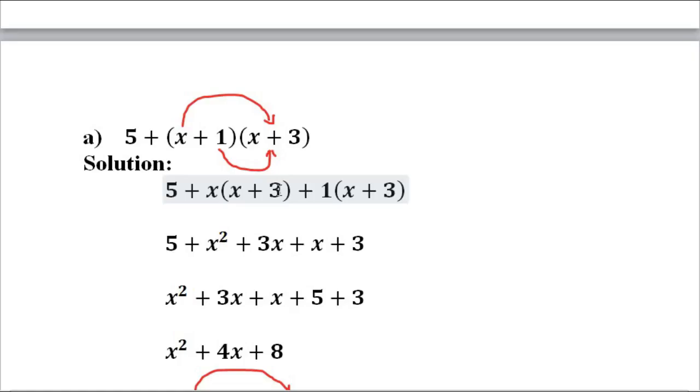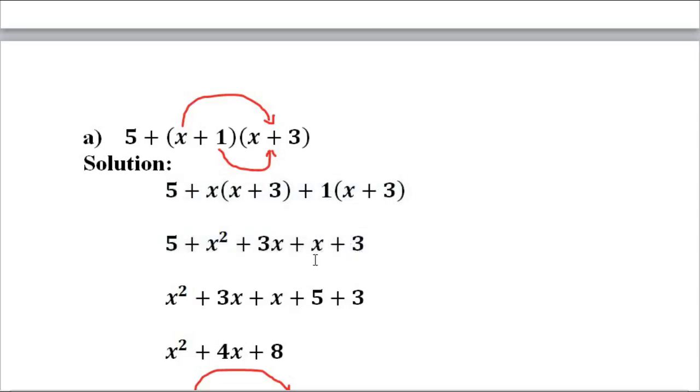And then we can distribute 1 to the x and to the 3. That gives us 5 plus x times x, x squared, x times 3, 3x, 1 times x, x, 1 times 3, 3.